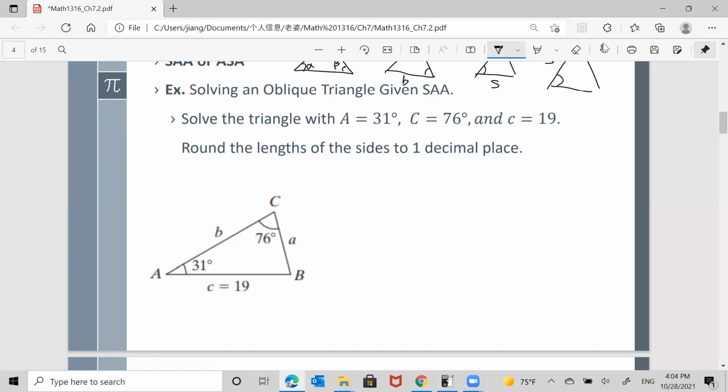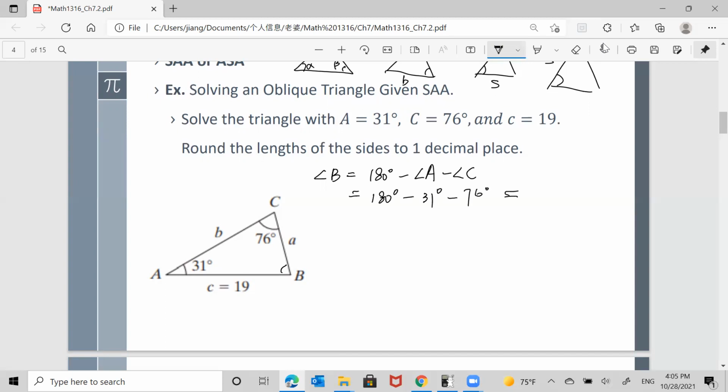The textbook could provide us the image with angle A, angle C, and side c. So that's SAA. Can we find B? Yes, because angle B equals 180 degrees minus angle A minus angle C. Plug in: 180 degrees minus 31 degrees minus 76 degrees.